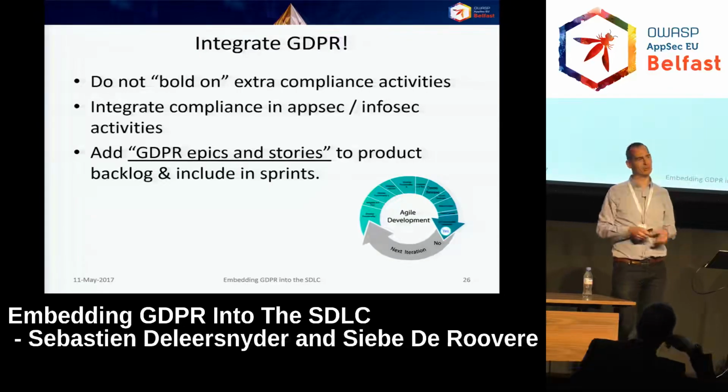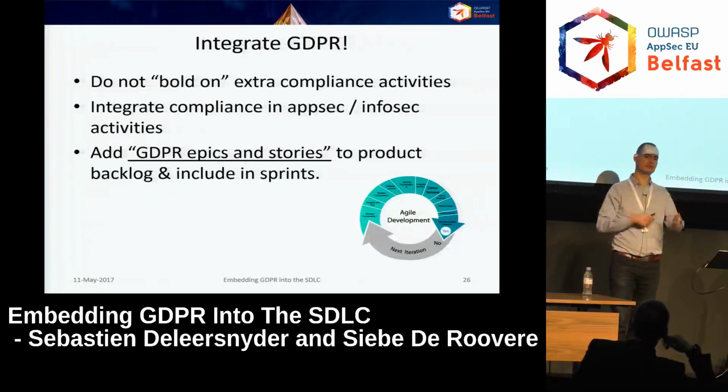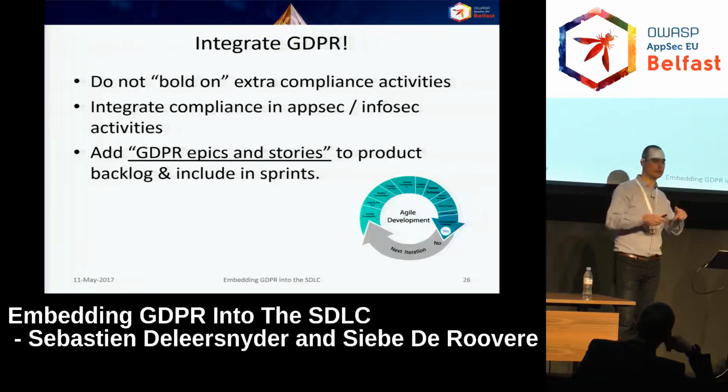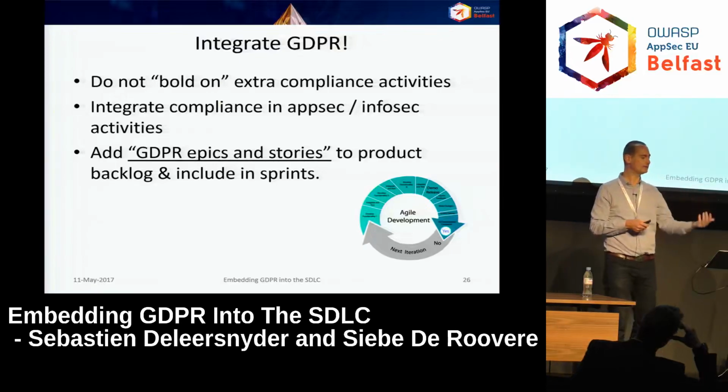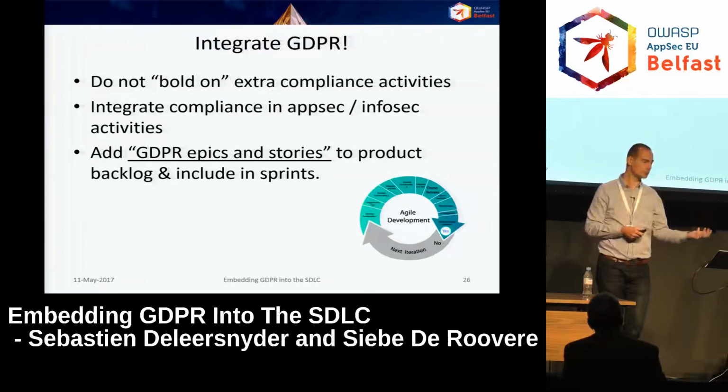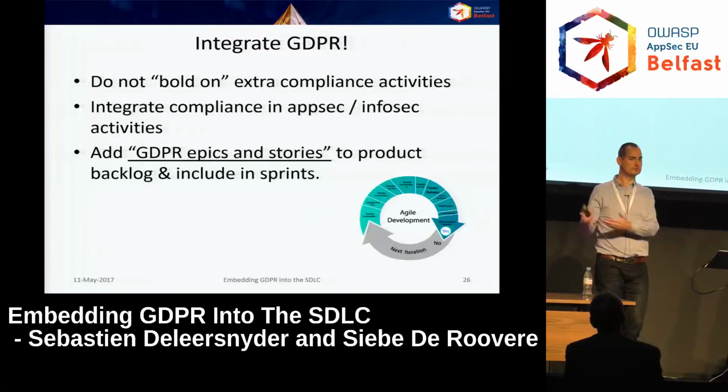That doesn't work anymore now. Iterations of software releases are going that fast that you need to automate and introduce security activities as part of a development lifecycle, and likewise also need to introduce GDPR compliance requirements. So by, for instance, as we told, adding GDPR epics and stories to a product backlog, we make sure that developers get fed with the right sort of requirements and activities.